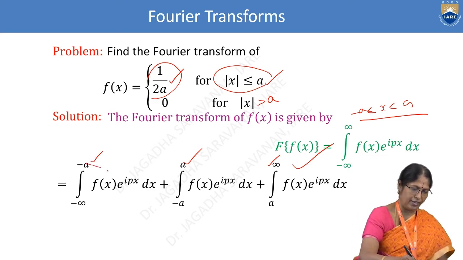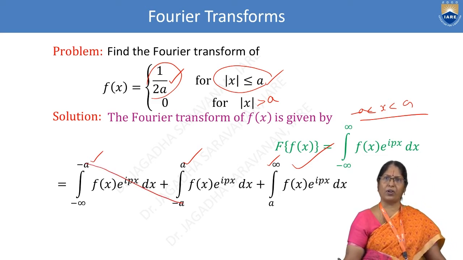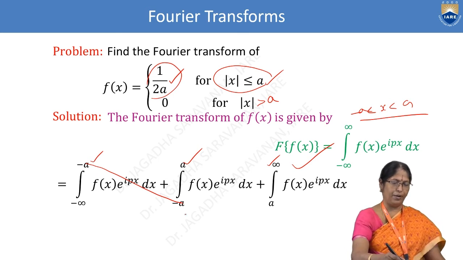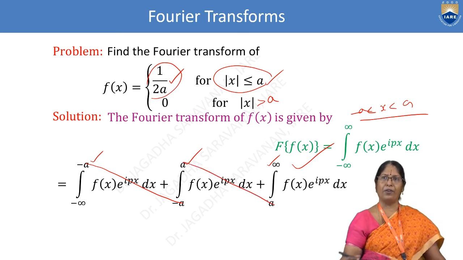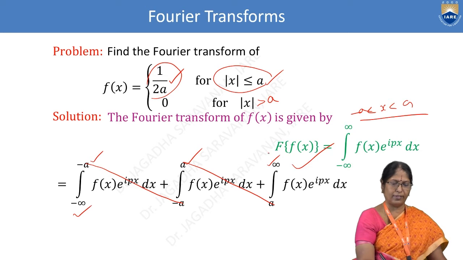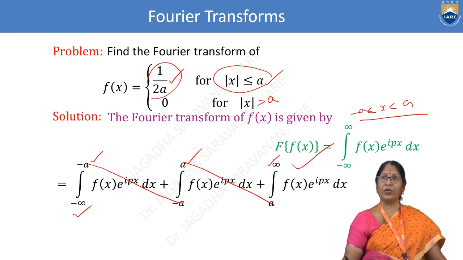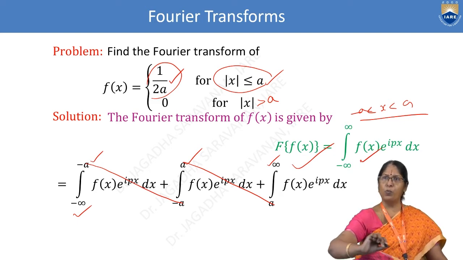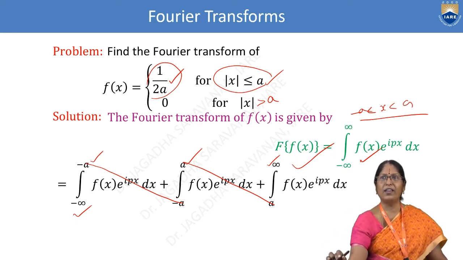We can check whether we inserted correctly: minus a up and down, a up and down, and the left is minus infinity to infinity. Yes, we got the formula. We are solving the problem in the right path to reach the destination of the solution.